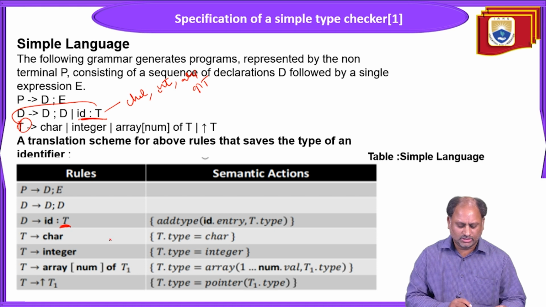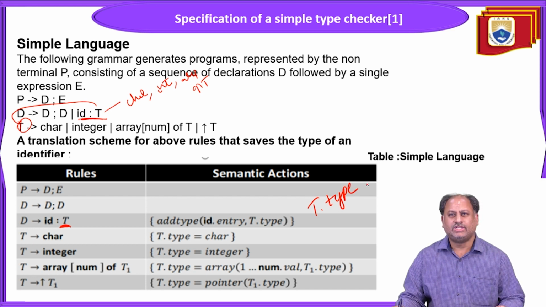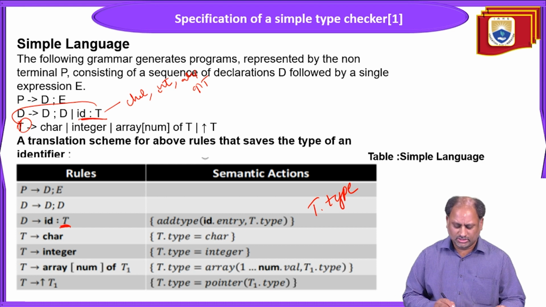That is determined by T.type, and this can be entered into a symbol table, or the language-specific features used for that purpose. That is the entry inserted into the table.